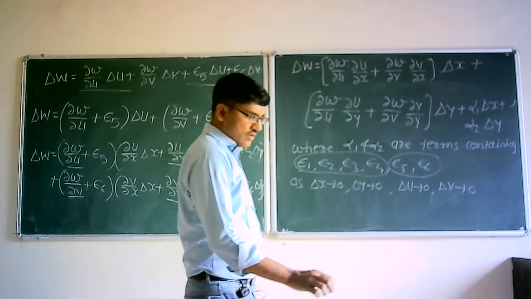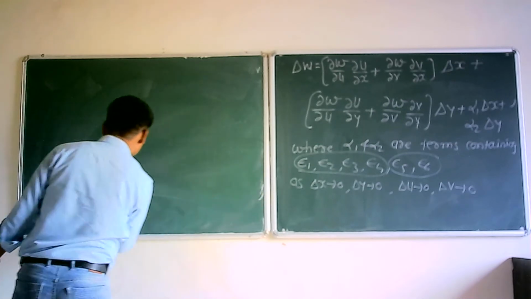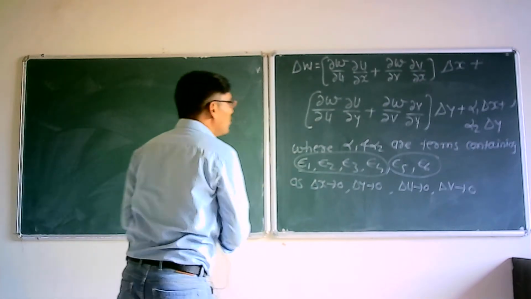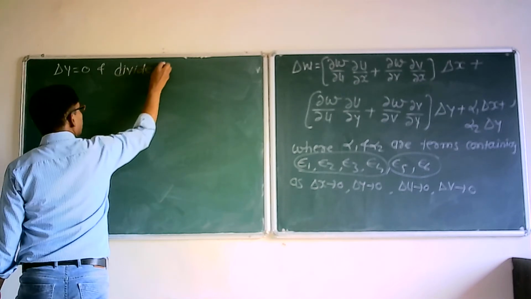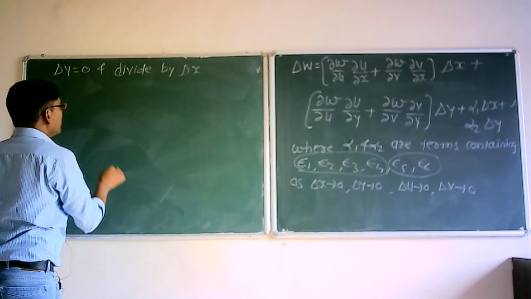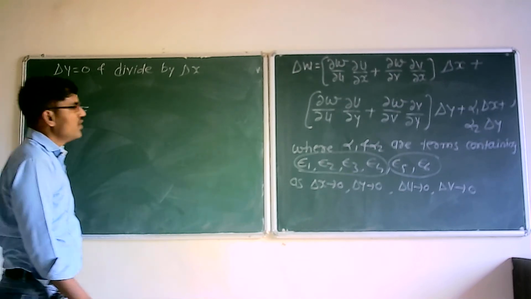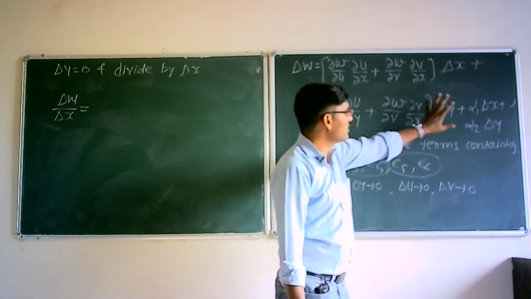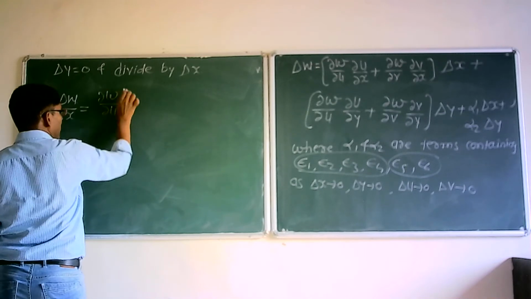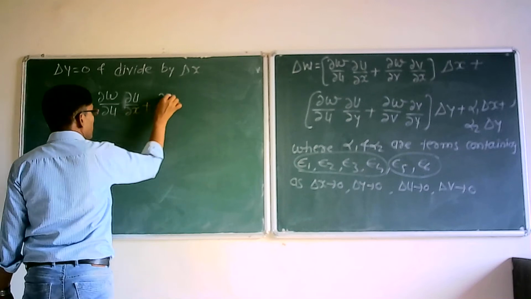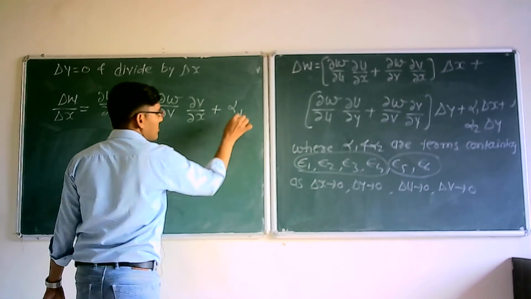So in this expression, if you put delta y is equal to 0 and divide by delta x, then you will get delta w by delta x is equal to delta w by delta u, delta u by delta x, plus delta w by delta v, delta v by delta x, plus alpha 1.